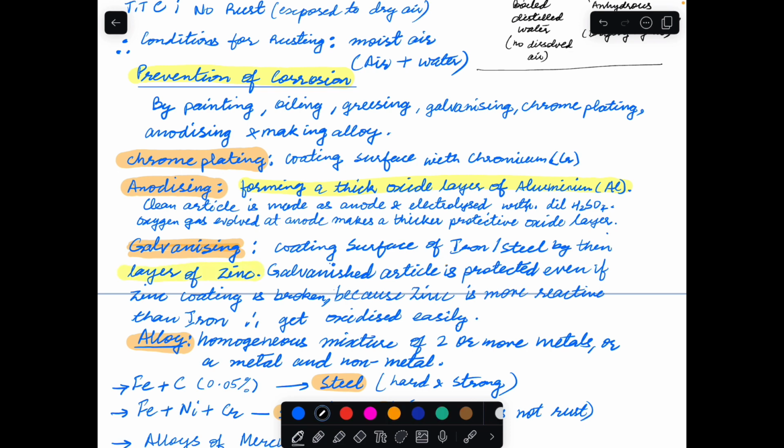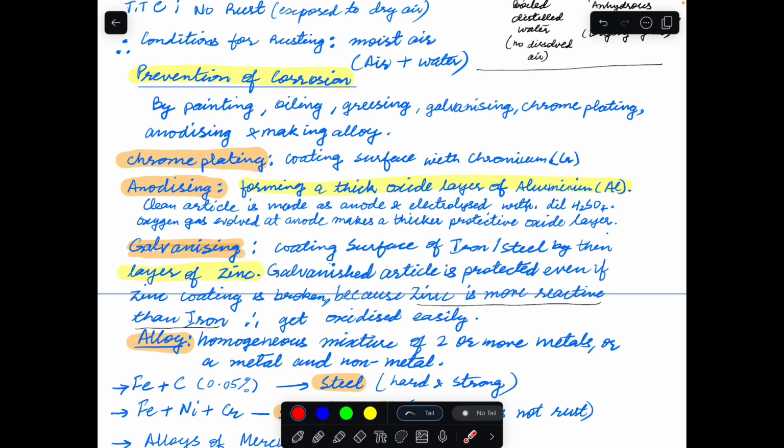Now here one thing is very important to remember. Suppose we have an article which we have galvanized, and this article develops a scratch while using. Even if it is scratched, the article will not get damaged. Why? Because zinc is more reactive than iron. We have to remember this idea.